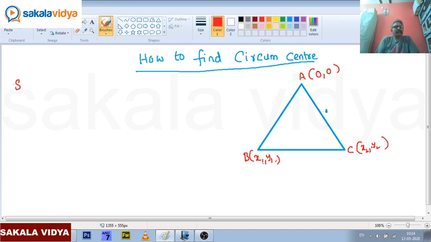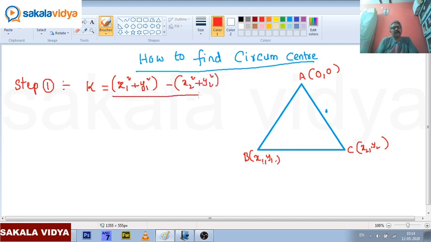Step 1: in order to find the circumcenter, first find the k value. What is the k value? k is equal to x1 square plus y1 square minus (x2 square plus y2 square), upon 2 multiplied by (x1 y2 minus x2 y1).